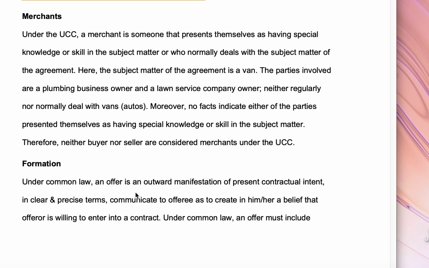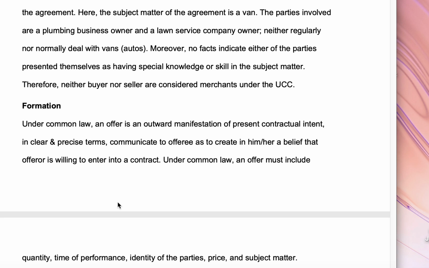Formation under common law. An offer is an outward manifestation of present contractual intent in clear and precise terms communicated to the offeree so as to create in them a belief that the offeror is willing to enter into a contract. It's a very good thing, the way they wrote this.